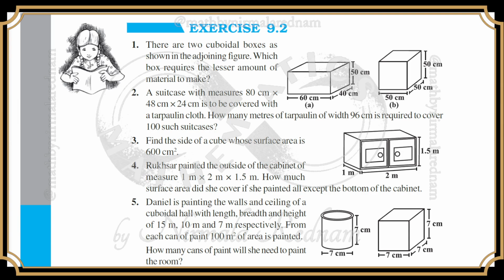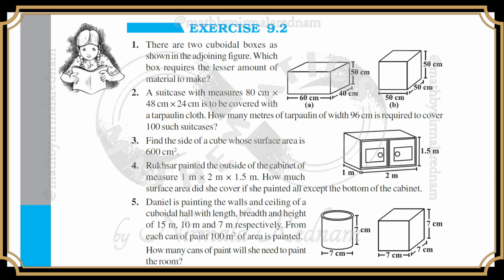Rukhsar painted the outside of the cabinet of measure 1 by 2 by 1.5. How much surface area did she cover if she painted all except the bottom? Now you can see they have given the figure. Even otherwise, like I told you, you will take length, breadth and height in the same order, as in 1 is your length, 2 is your breadth and 1.5 is your height.